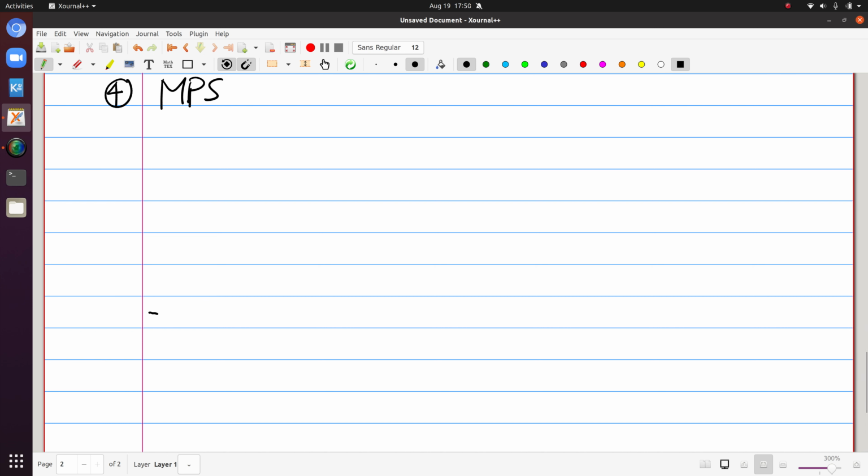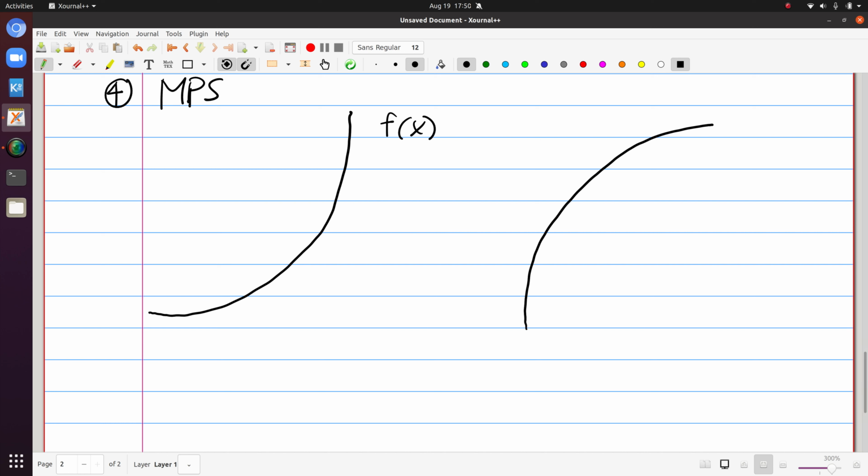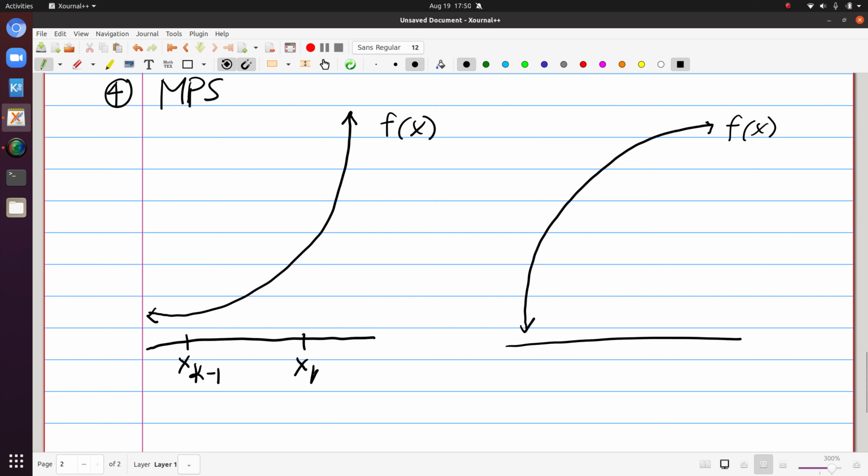And so let's consider something that's really concave up, and then really concave down. And again, we're going to look at the kth subinterval in both graphs.